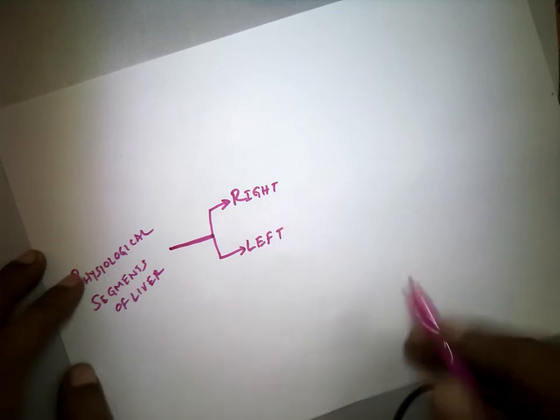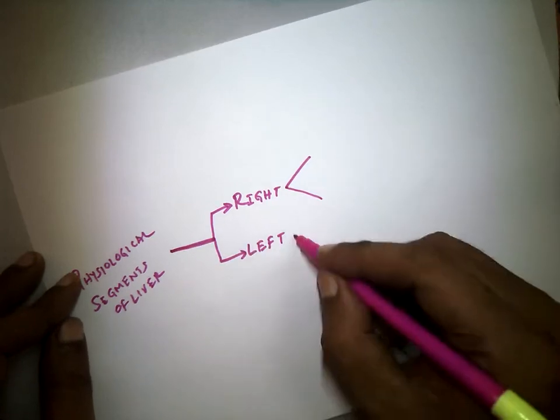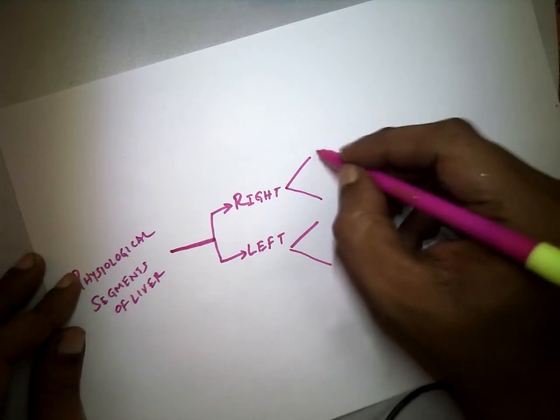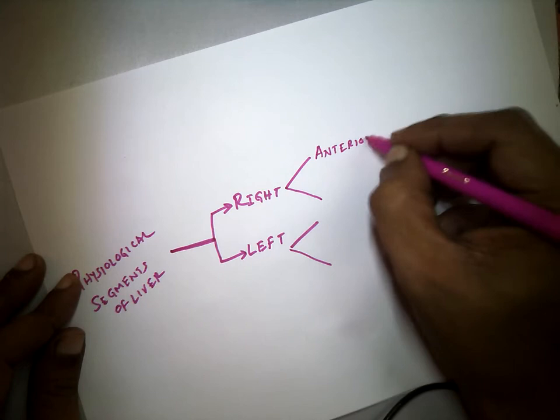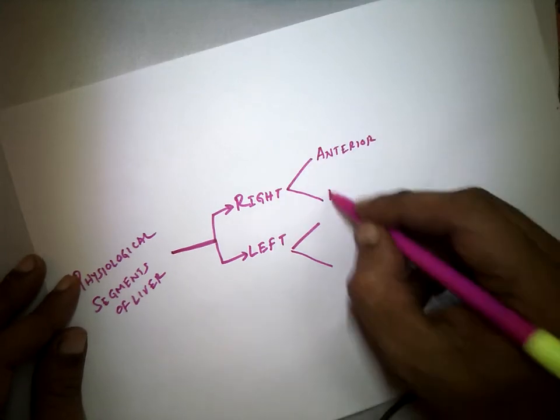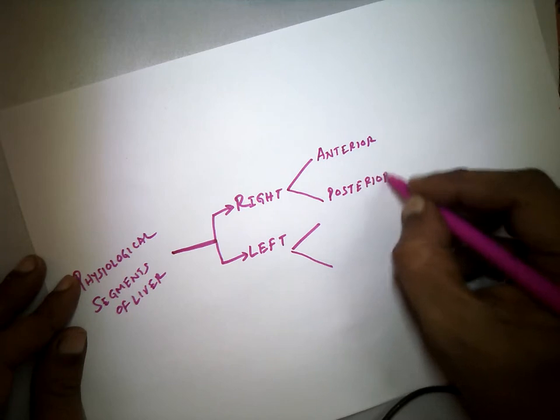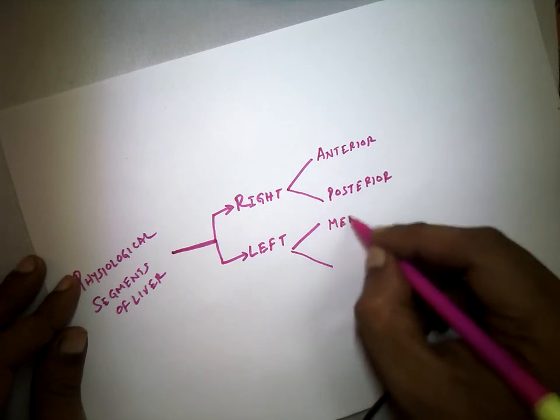Then each of this right and left are once again divided into two parts. The right one is divided into anterior and posterior, whereas the left one is divided into medial and lateral.